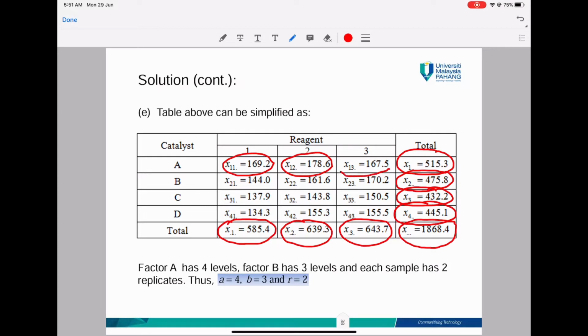And then the third treatment, we have a total of 167.5, until the last treatment, which is 155.5. So as we already know, factor A has 4 levels, factor B has 3 levels, and we have replications equal to 2.